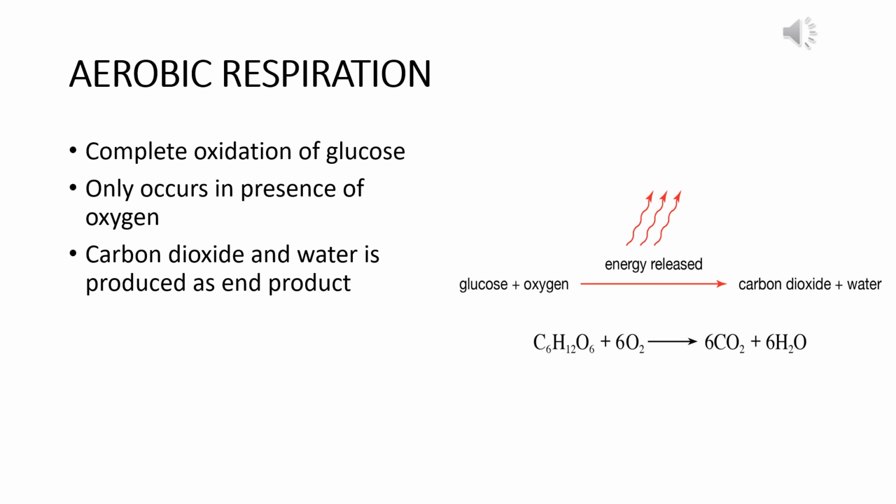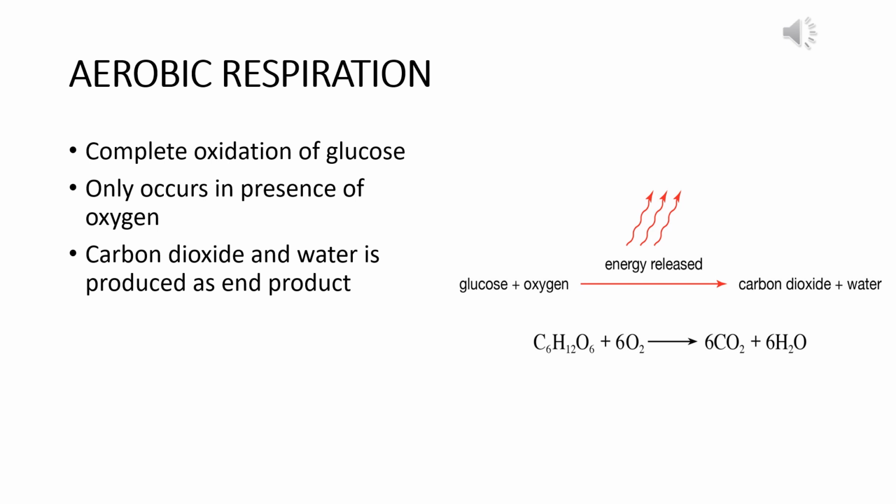And aerobic means that it occurs only in the presence of oxygen, and carbon dioxide and water are produced as the end product. So it is the whole process of glucose oxidation, that is glycolysis and Krebs cycle. When both glycolysis and Krebs cycle are completed, then only the complete oxidation of glucose happens.